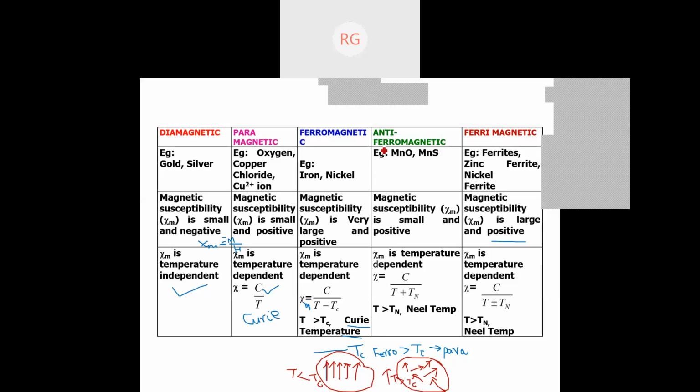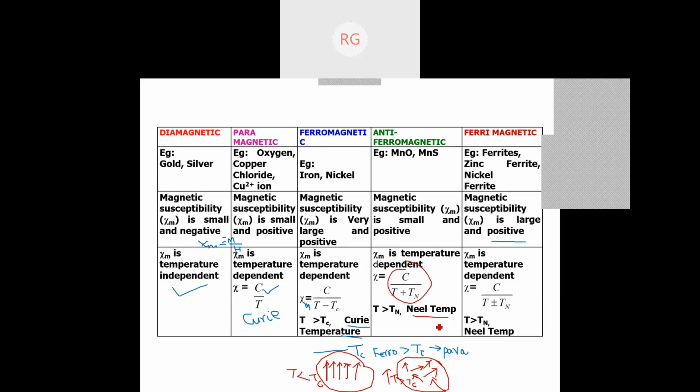When coming to antiferromagnetic materials, the magnetic susceptibility chi m is also temperature dependent, but it varies as T plus Tn, where Tn is called the Néel temperature.